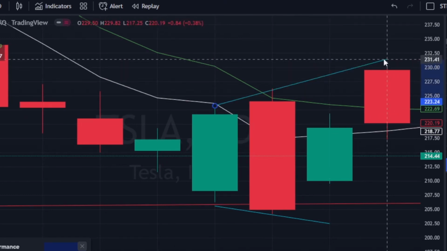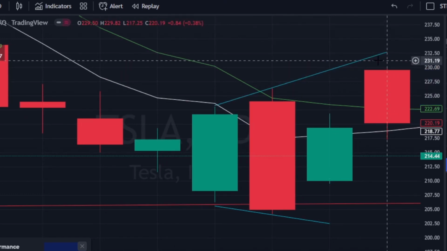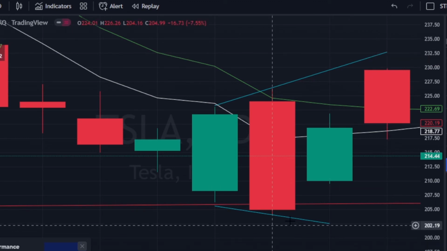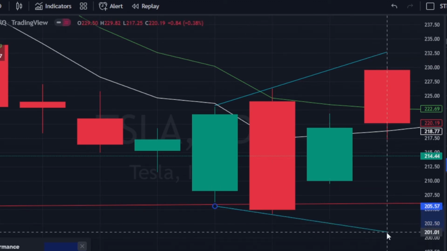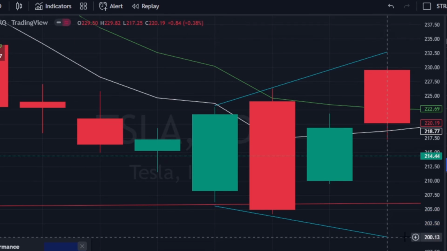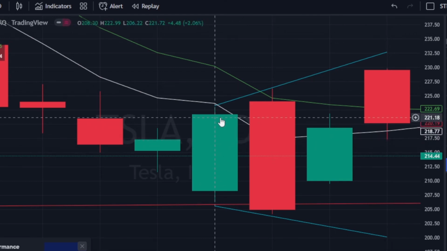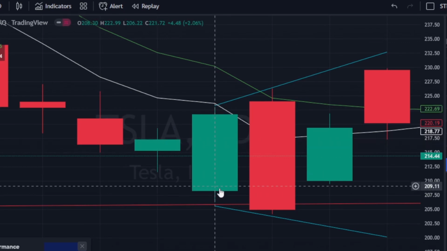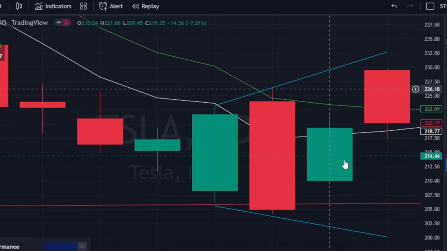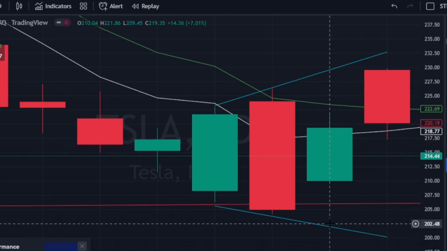We saw that it did not pass our level of resistance, and it surely never got close to our level of support way down here, did it? Okay, so again, watching these trend lines, watching these broadening formations with these 3s, it gives us a great idea of the range that this trade could possibly go. It could go up to here, it could go down here.